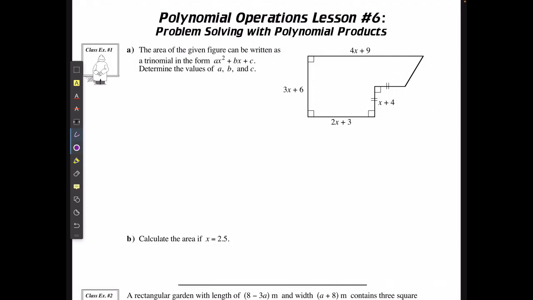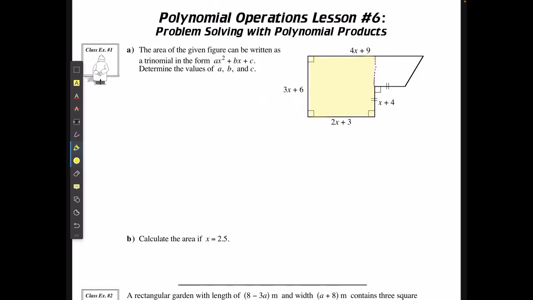Well, the first thing is I'm going to break up this two-dimensional shape into more simplistic shapes that we know. So what I'm going to do is split this up here so that I can have my rectangle in here.